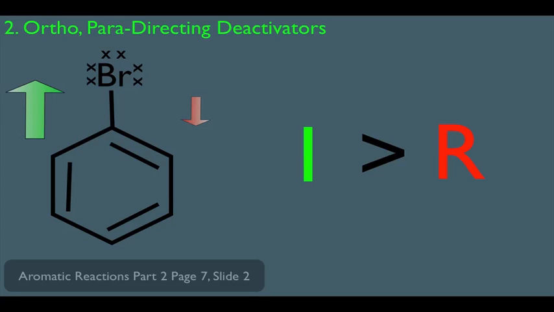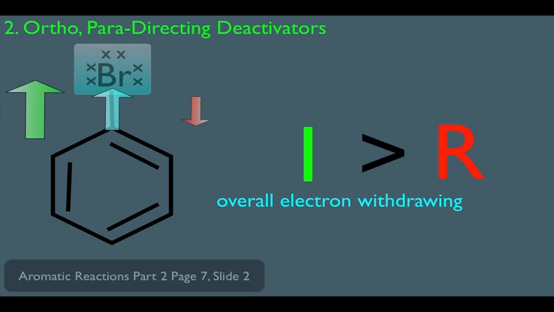So what is the overall electron movement? Well, if inductive is greater and it's pointing outward, then overall the Br and all halogens are electron withdrawing when they're on a benzene ring. So we would call Br an electron withdrawing group, or EWG. Now, how does this affect the reactivity of the benzene ring?